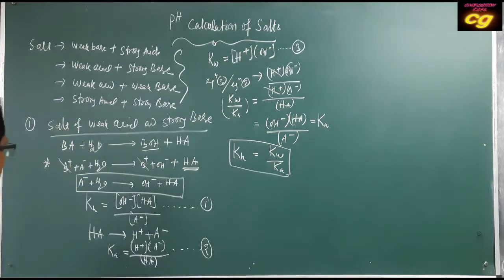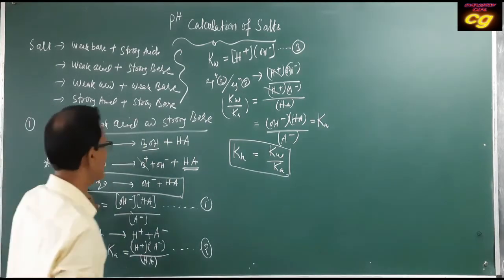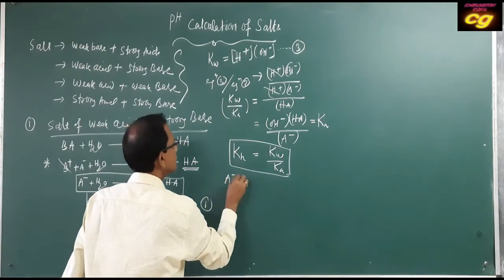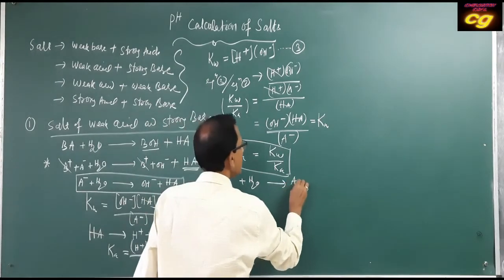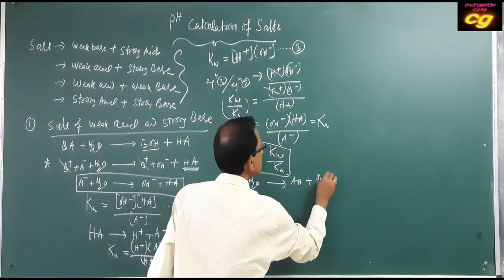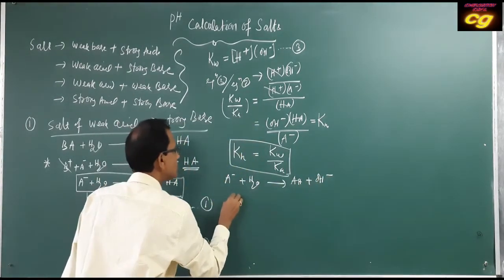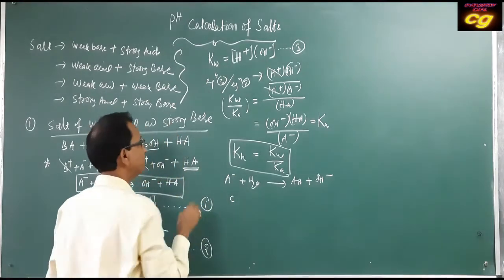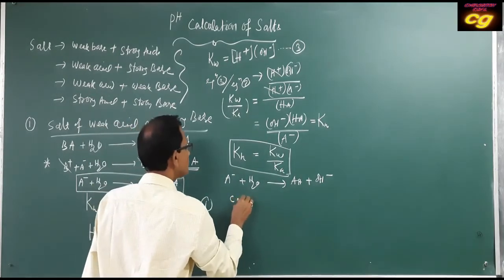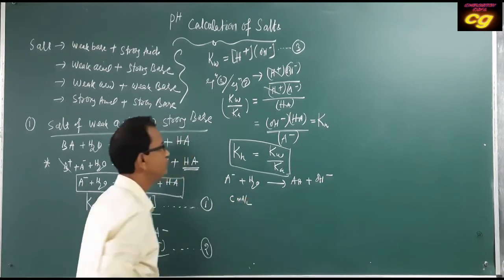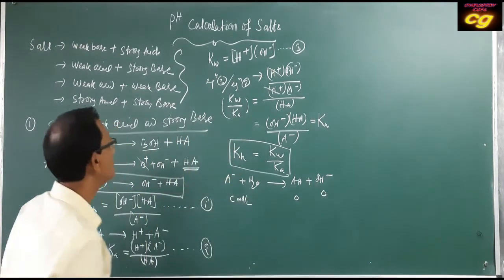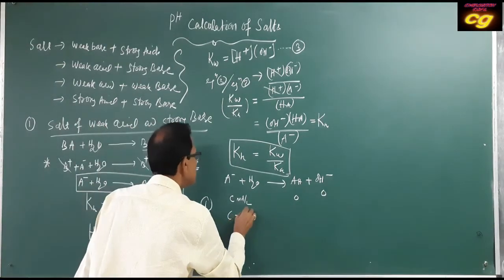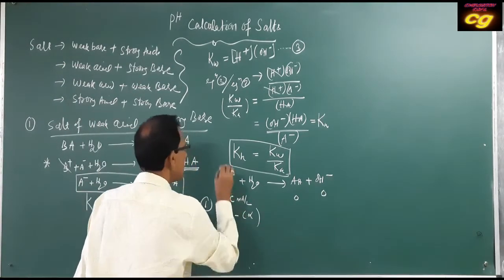Then we know, on salt hydrolysis, A minus in presence of water converts to HA plus OH minus. If the initial concentration of salt is C moles per liter, the products will be 0, but at equilibrium C changes to C minus C alpha.